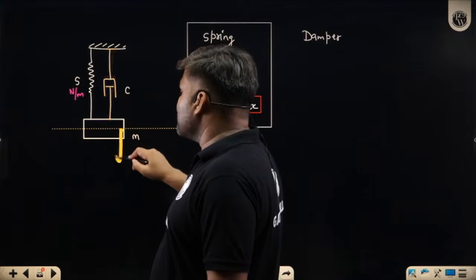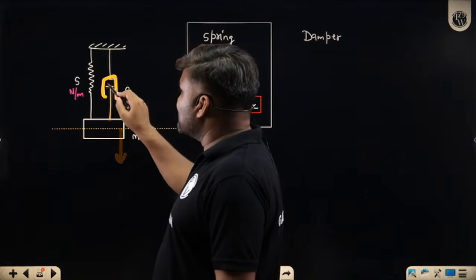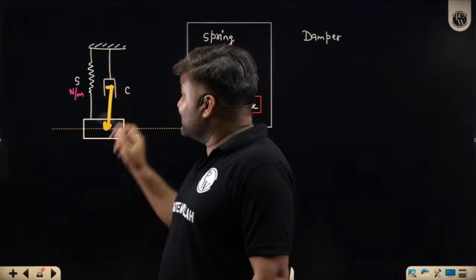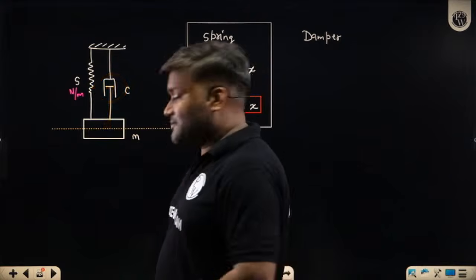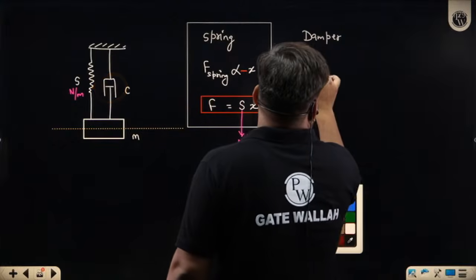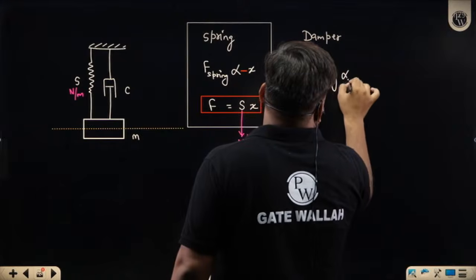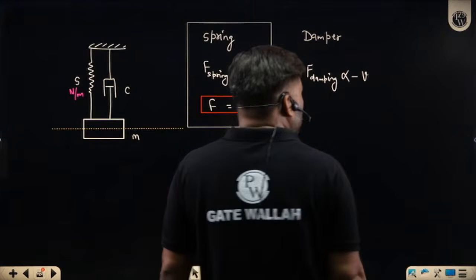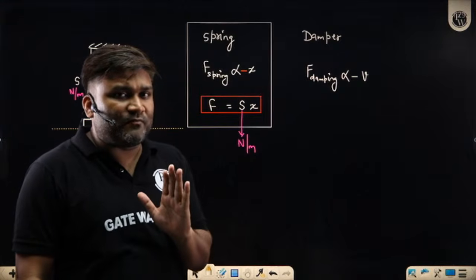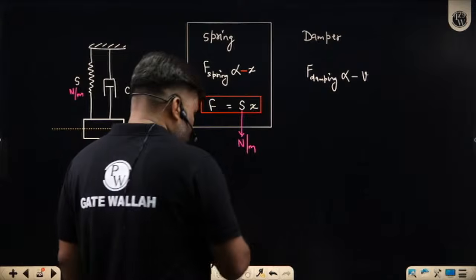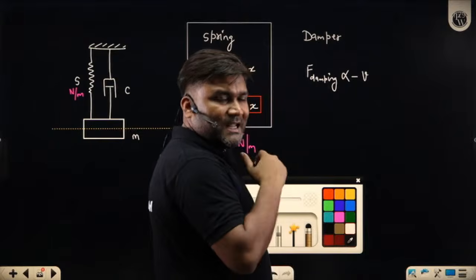When the mass is moving with some velocity v, the piston's velocity inside the cylinder is v, and the damper senses that velocity and opposes it. Damping force is proportional to velocity, again in the negative sense: wherever the relative velocity direction is, the damper applies force in the opposite direction. Right?